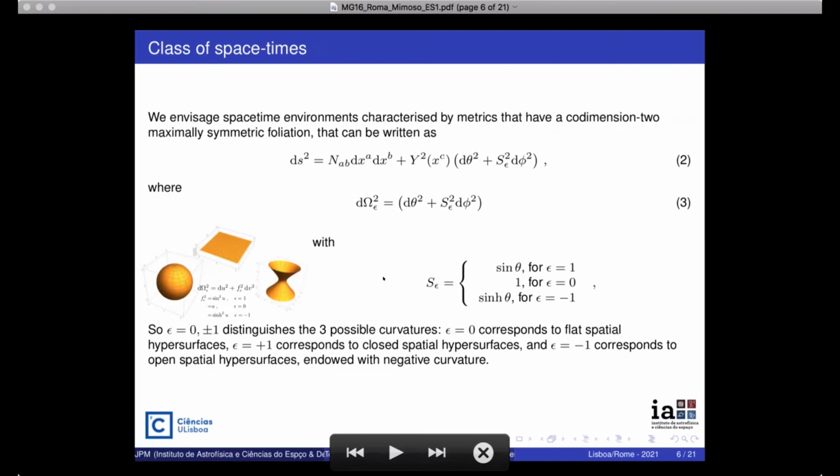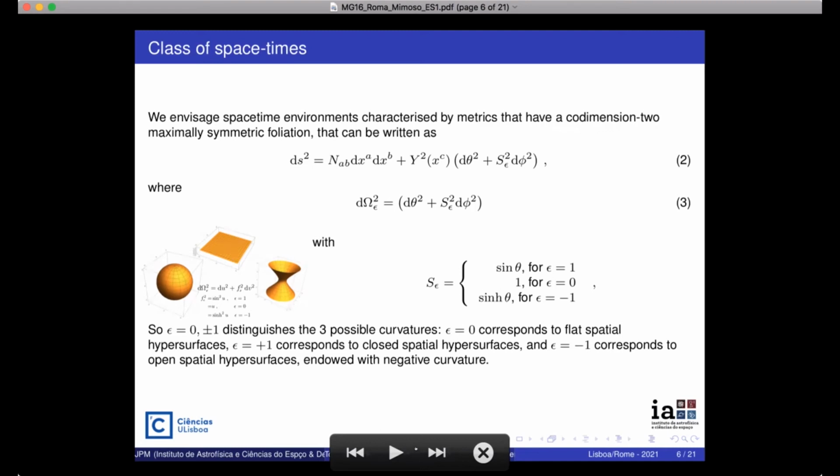So what we did was to consider a general class of models which contain the spherical models, but which also extend to planar and hyperbolic models. So it's a warped metric where you have a foliation of the space-time by two-surfaces, which may be closed, spherical, planar, or hyperbolic.